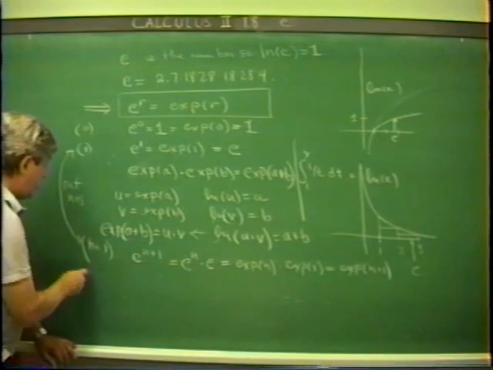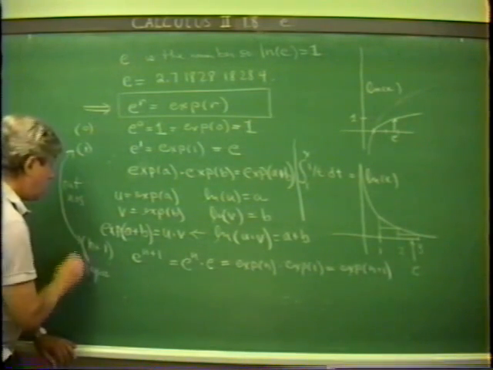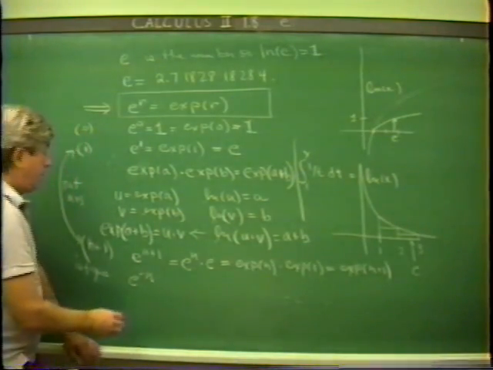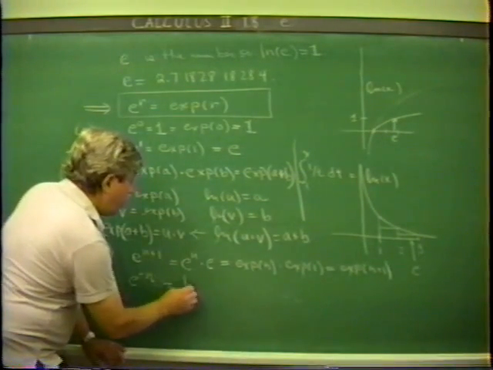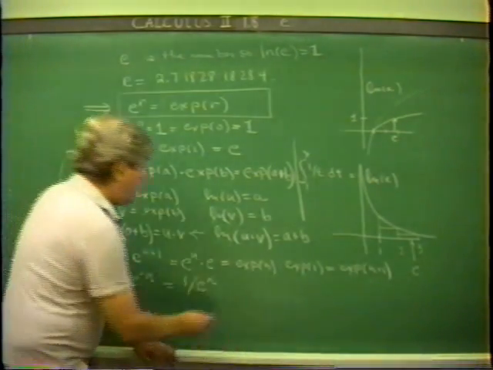All right, so we want to see now that it's true for negative integers. So we want to get it for the integers. So we want to look at e to the minus n. Right?